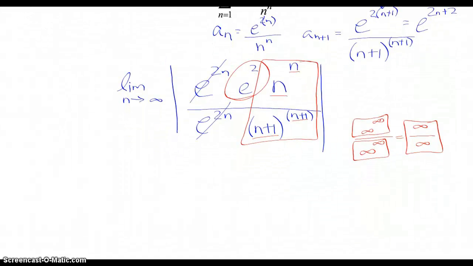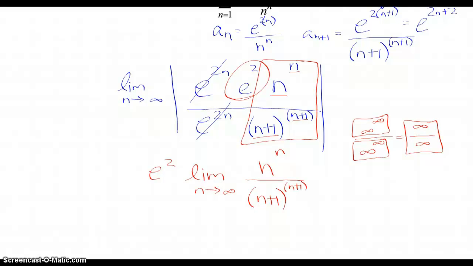Now, this term, as far as n is concerned, is a constant. We could pop that out front. That's not an issue. So now I have n to the n over n plus 1 to the n plus 1. That is infinity over infinity.